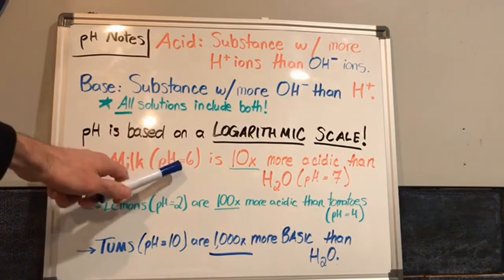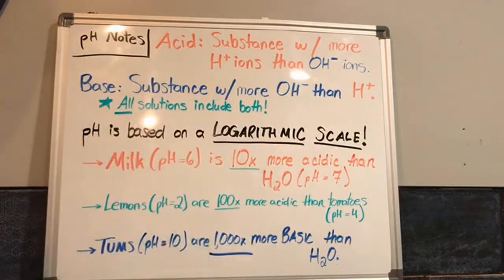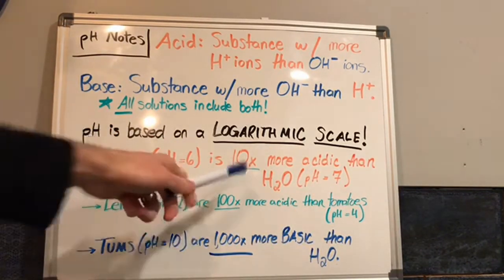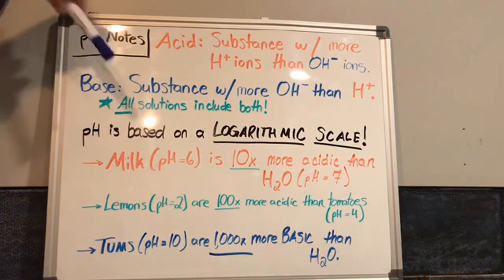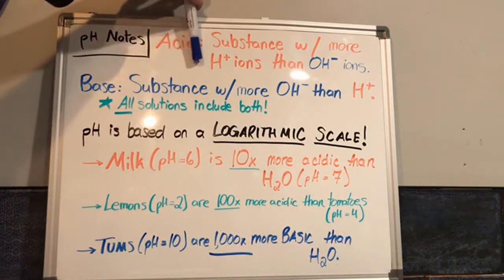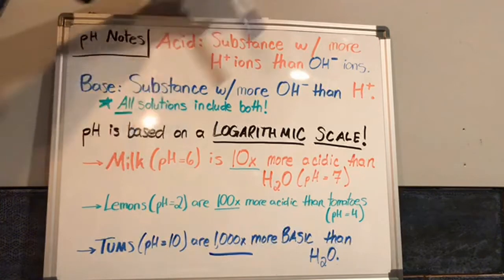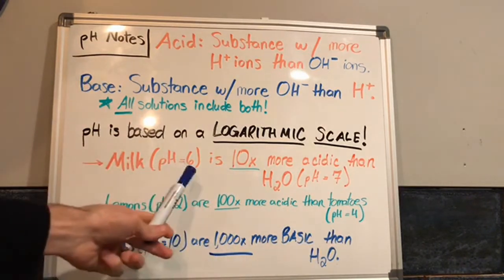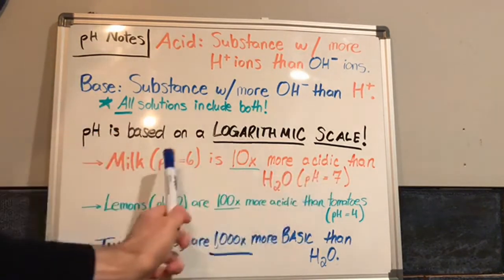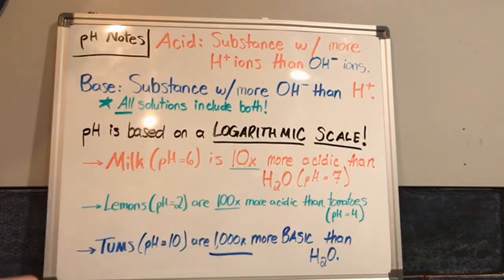Milk is not just 1 unit lower on the pH scale, it's actually 10 times more acidic than water because pH is based on logarithmic scales, based on the power of 10. That means there's 10 times more H plus ions in milk than there are in water, at least that ratio. The way we get the 10 times is that 6 and 7 are 1 unit of pH difference, and that is 1 factor of 10.